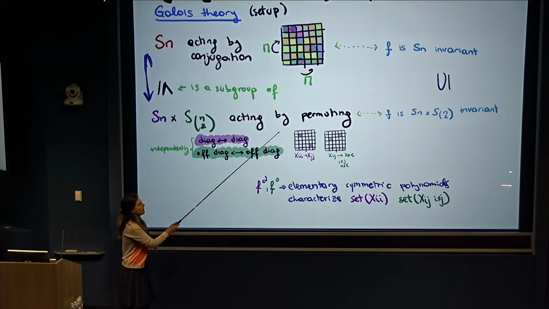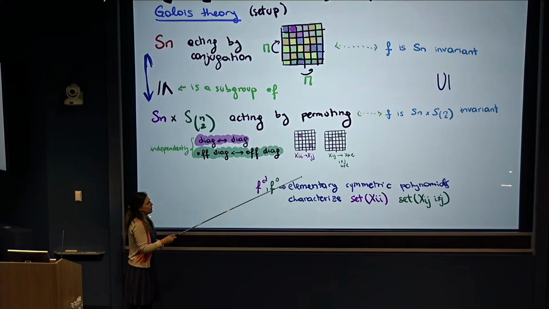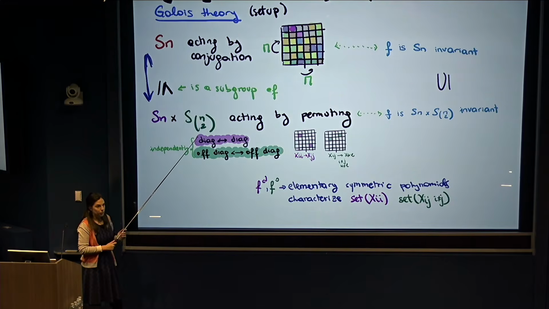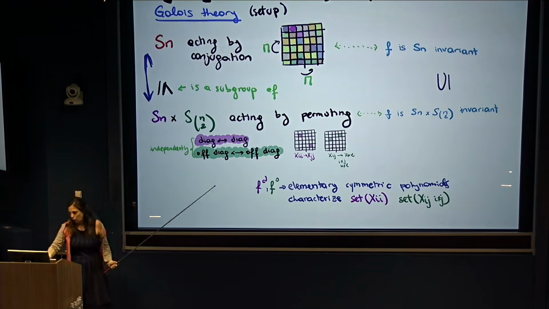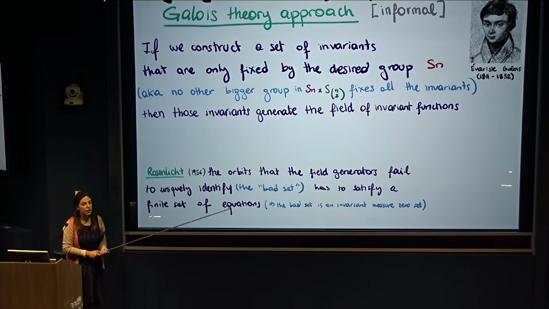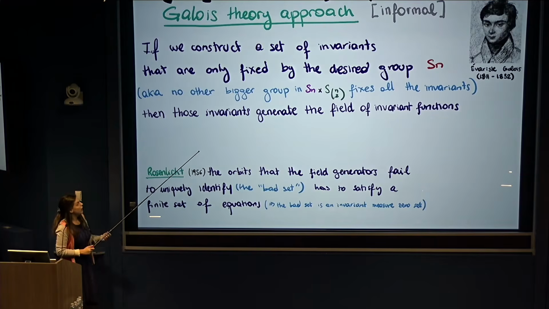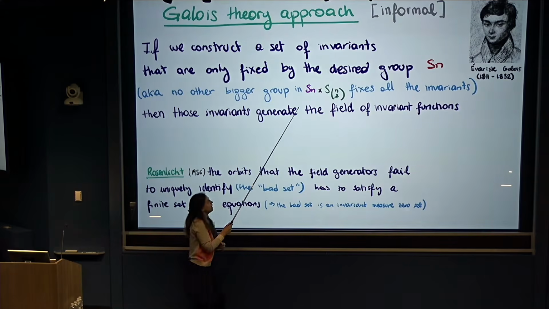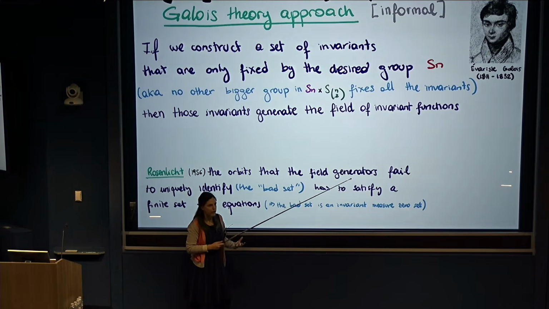So you can consider, for instance, the symmetric polynomials of the diagonals and the symmetric polynomials of the off-diagonals, and that gives you generators for the algebra of invariant functions for this larger group. So how do you go from the larger group to the smaller group? Well, Galois theory tells us that if we can construct a set of invariants that are fixed only by the small group and nothing else inside the larger group fixes them, then those invariants will generate the field of invariant functions. So we're going to get field generators for this group.